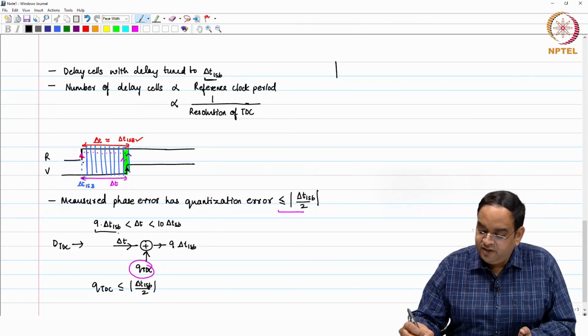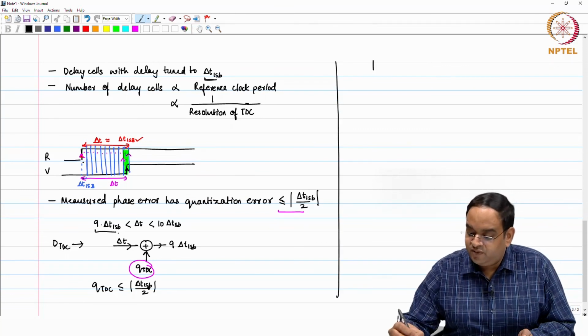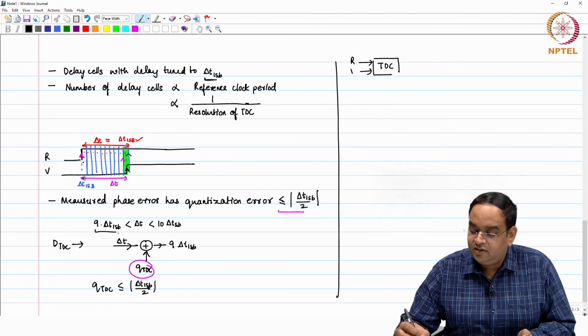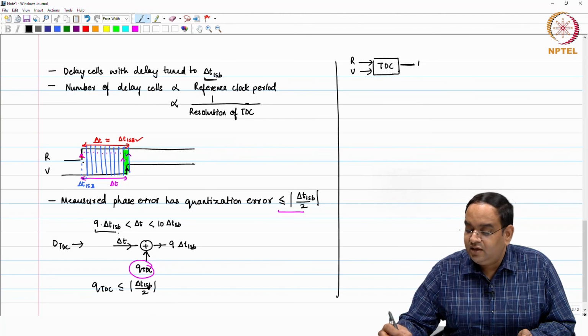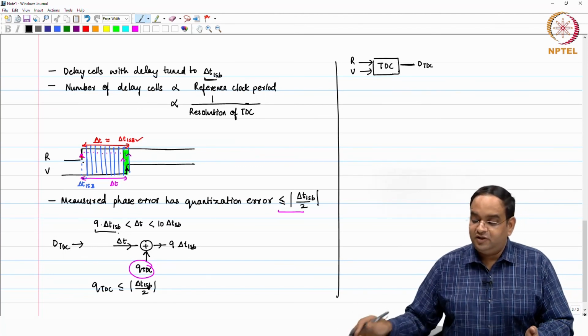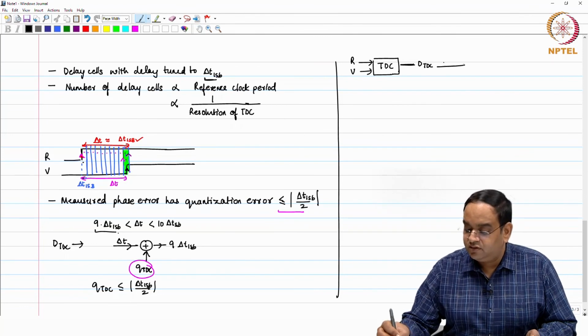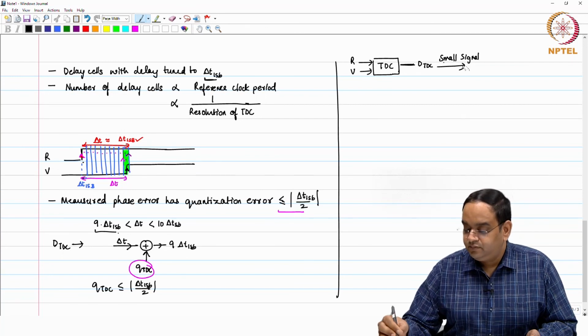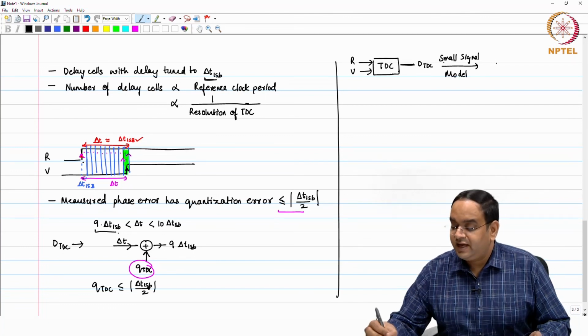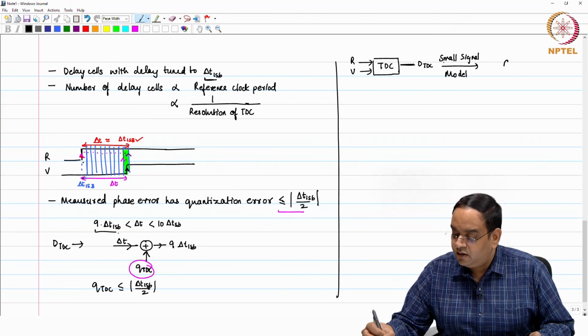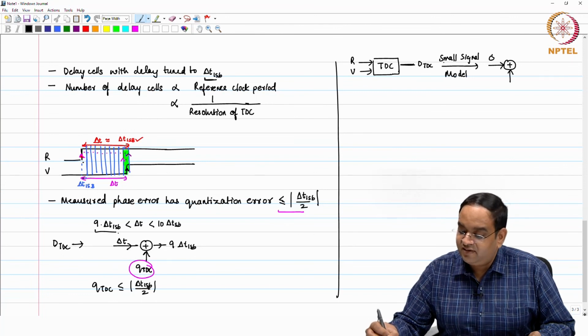Okay. So, the TDC block which is measuring the phase error between R and V signals and gives you dTDC, the small signal model of this can be represented by, you can write, I am having a phase error as phi reference and phi feedback.